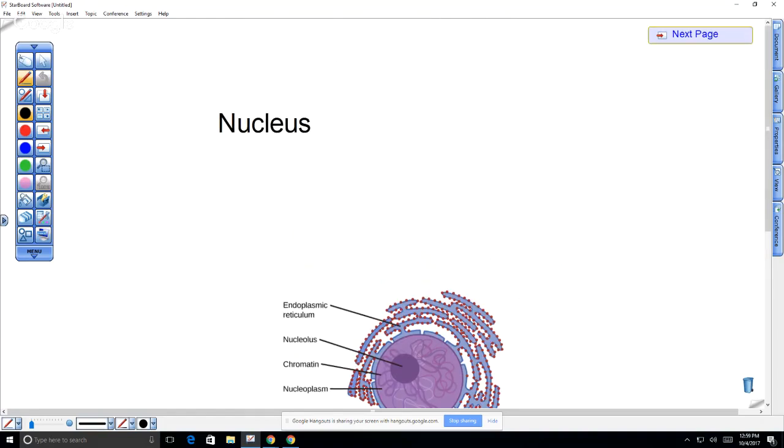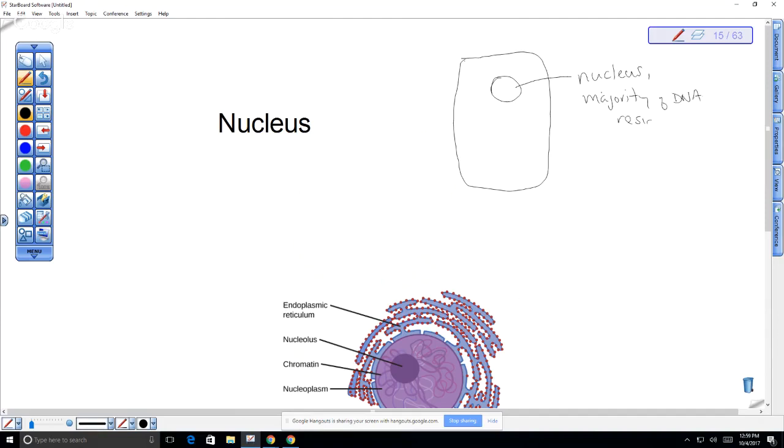So let's look at the nucleus first. If I was to draw my cell, or a cheek cell, you might have noticed that there was this round structure in there. That is the nucleus, and this is where the vast majority of your DNA resides.